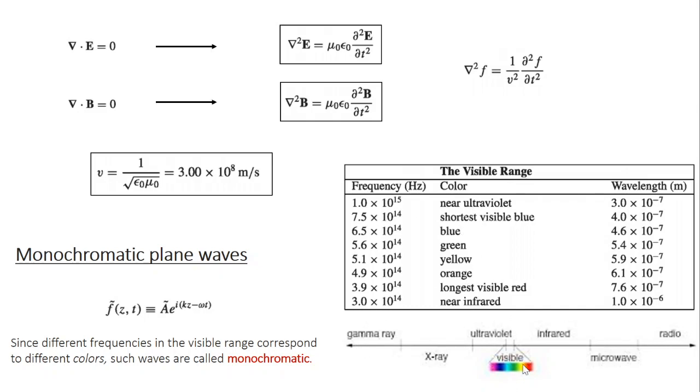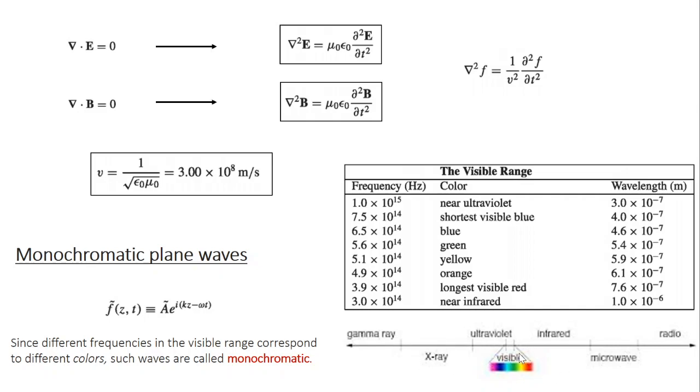Let's look at the complete spectrum. On top of visible light, you have more energetic radiation known as ultraviolet radiation. Above that you have X-ray radiation, then the most energetic type of radiation, which is the gamma radiation.